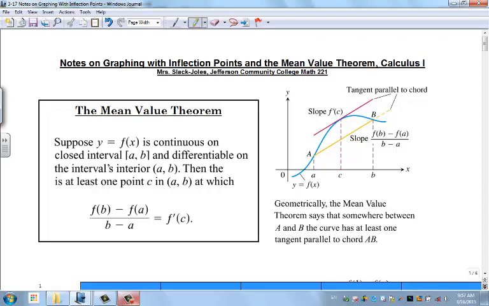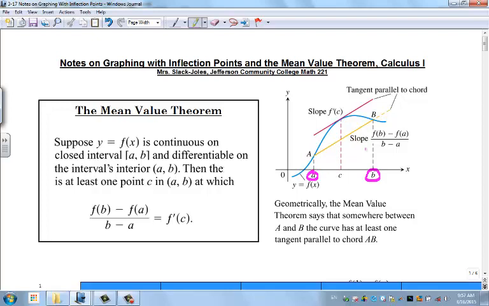So the mean value theorem, very briefly, says basically in words, if you have an interval and a graph between 2 x values, a and b, and you take the slope between those 2 x values, then you will get a slope that has to occur somewhere between those x values in the interval.